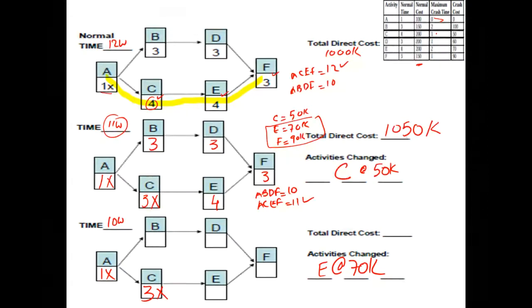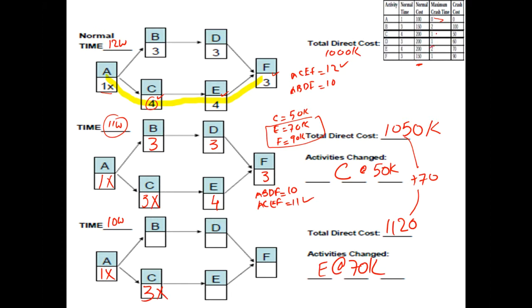As a result, the project cost will go up by 70K, and the new cost to deliver this project in 10 weeks is 1120.